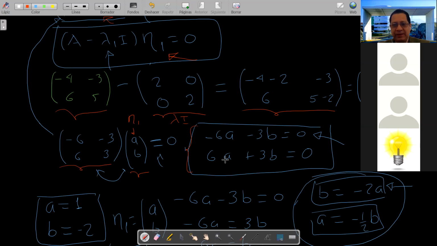Usually, one equation will be a multiple of the other equation. Whenever you have a system of two equations where one of them is a multiple of the other one, then you only have one equation. Because having a multiple of another equation means you will have an infinite number of equations.